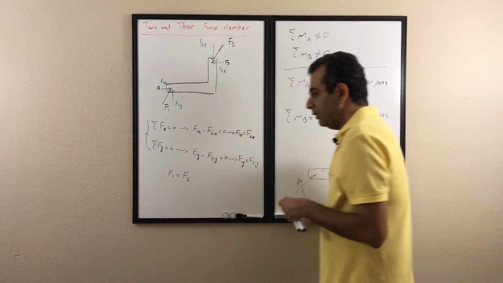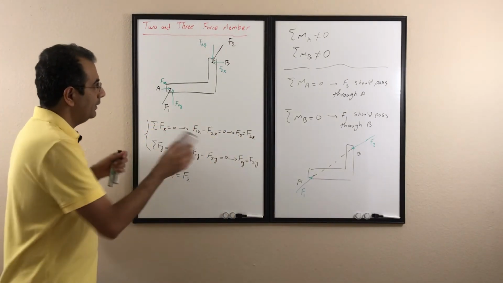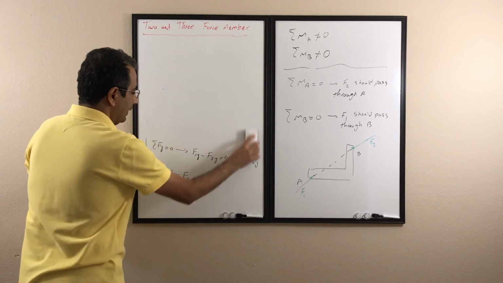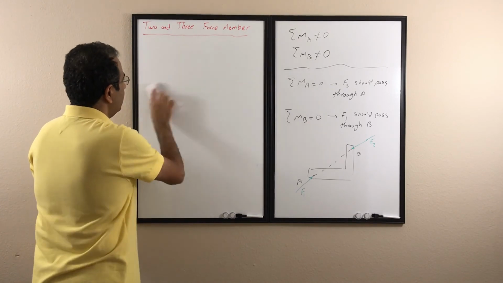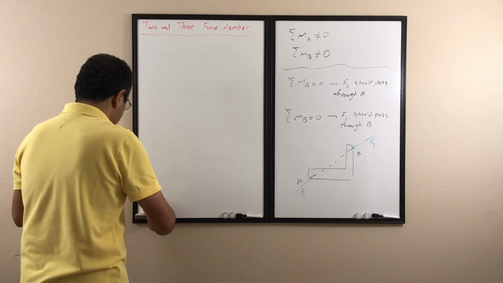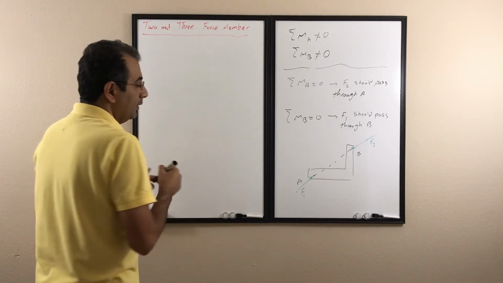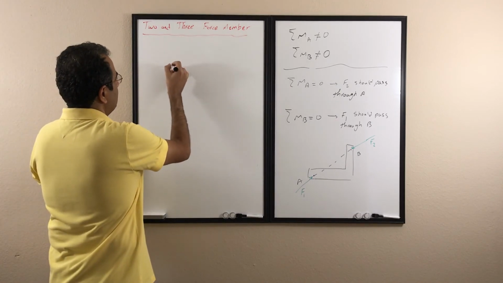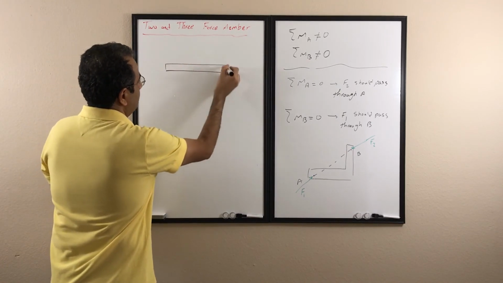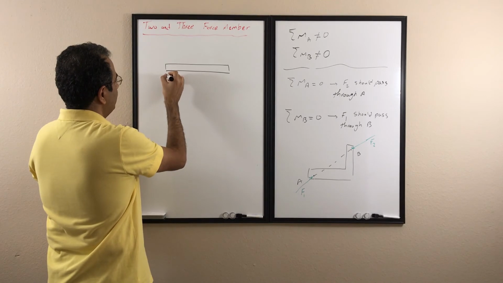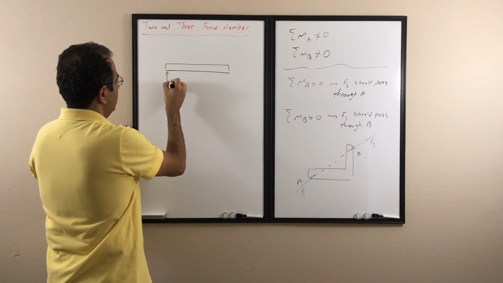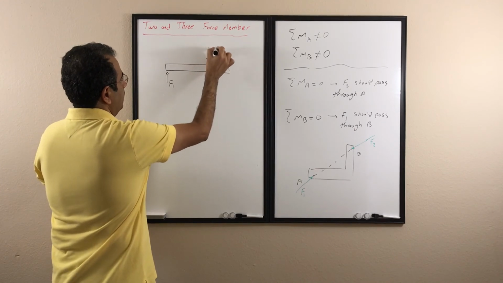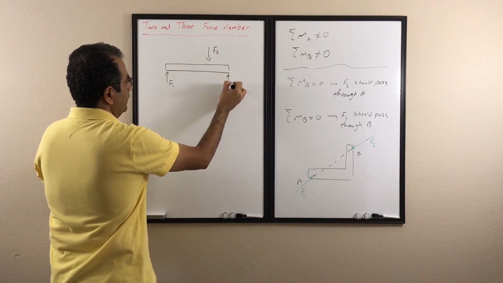The other type of equilibrium that we may consider is a member that has three forces applied on it. I will not go through the detail, but I will tell you under what condition this might be possible. The first condition is that, for example, assume I have a beam with F1, F2, and F3.